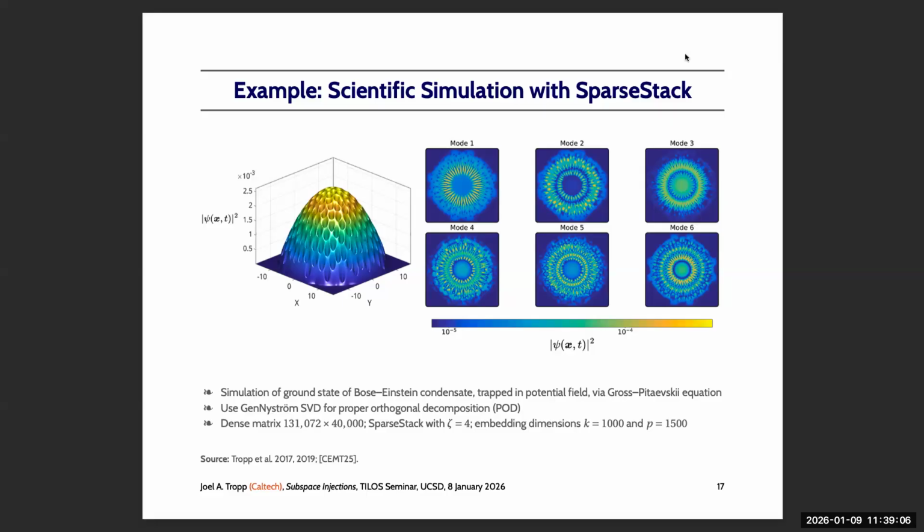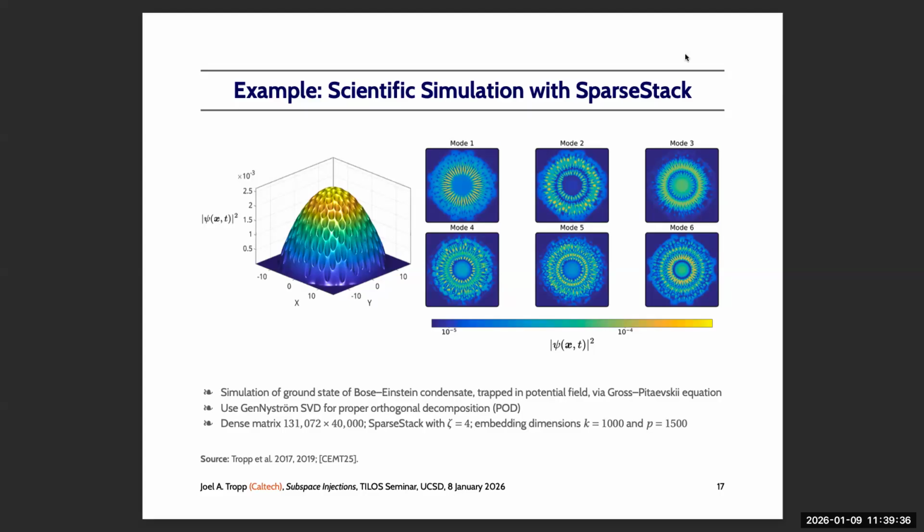But you get a very big matrix, which you think about as the frames in a video, and you'd like to perform proper orthogonal decomposition or an SVD of this matrix to understand what the coherent modes are in this evolving process. And so here's what they look like. 1, 2, 3. And this amounts to the SVD of a matrix with dimension 130,000 by 40,000. This is a fairly big problem.